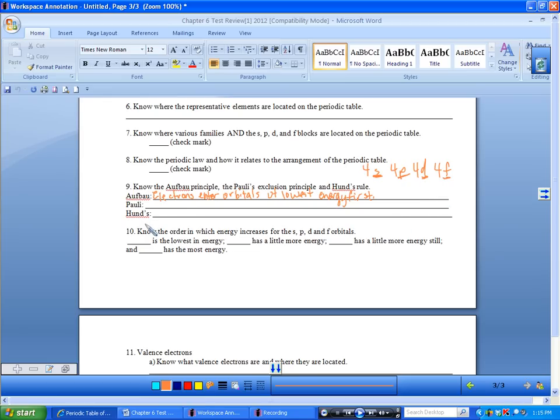The Pauli principle says that no more than 2 electrons can occupy an orbital.